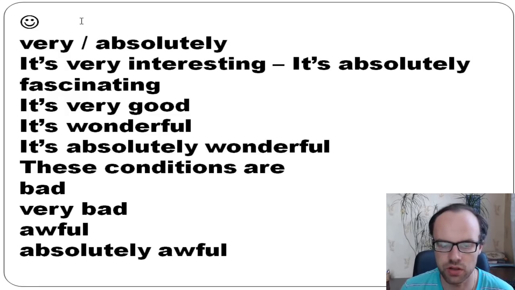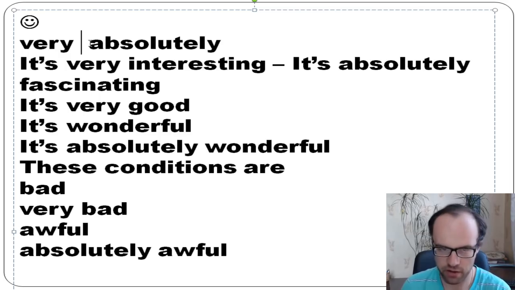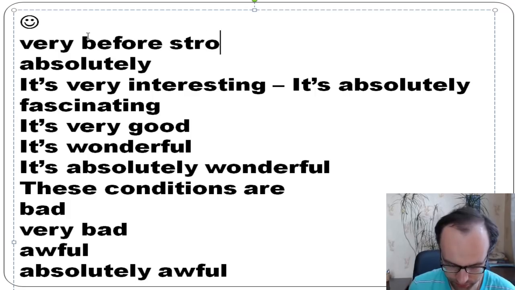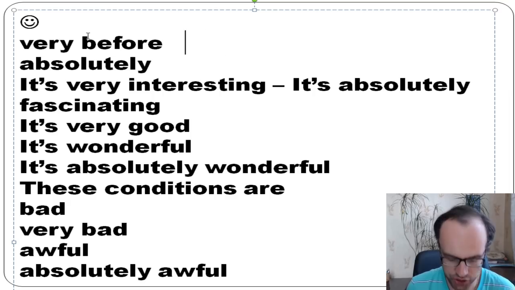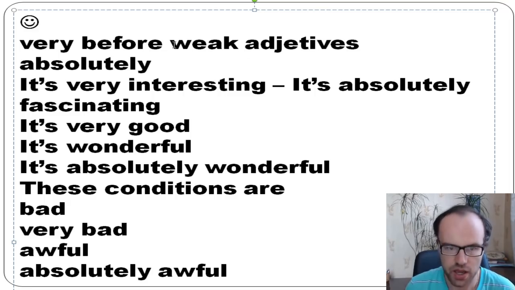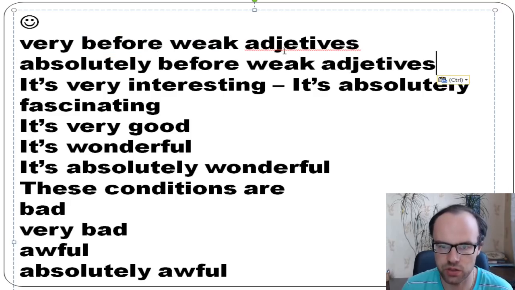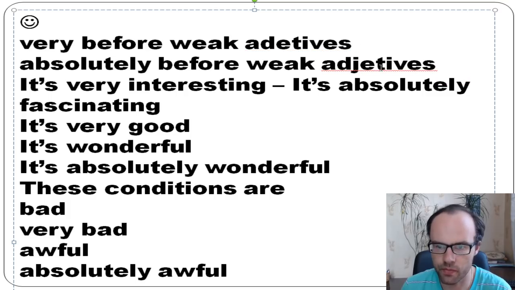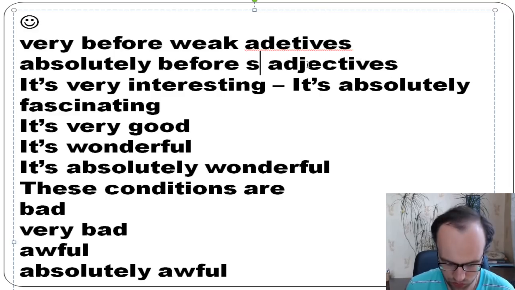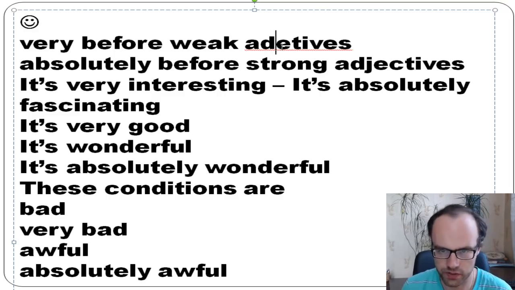And just shortly about very and absolutely. You know that we use very before weak adjectives, normal adjectives, and we also call them weak adjectives, and we use absolutely before strong adjectives, okay?